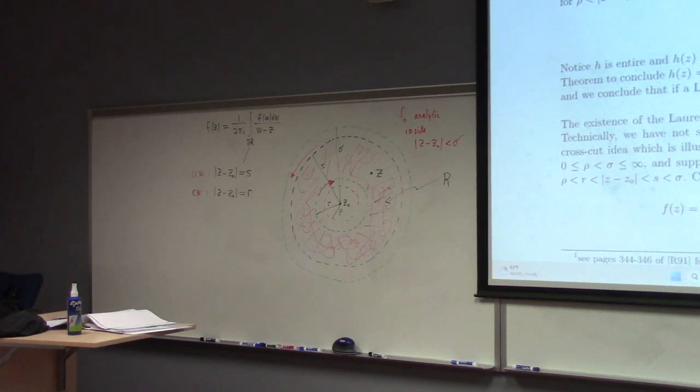Yeah, inside the sigma, and F1 is supposed to be analytic outside of the rho, right? Can you guys tell me why that is, and why each is respectively analytic given those conditions? Where is Z?